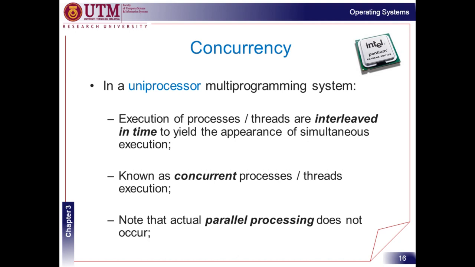Parallel execution requires a multiprocessor system which has more than one processor that can execute instructions simultaneously. Parallel execution can achieve higher speedup and throughput than concurrent execution, but it also requires more complex hardware and software design.